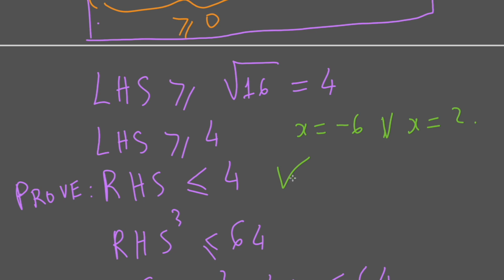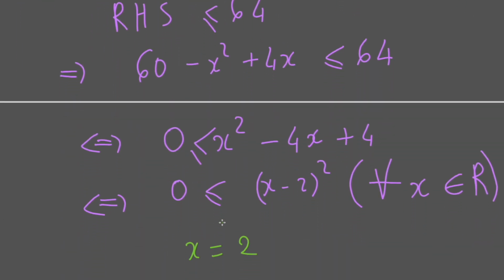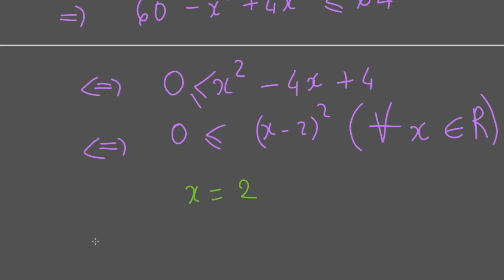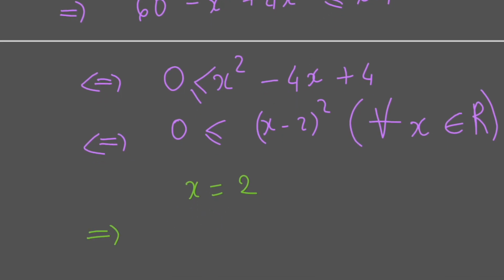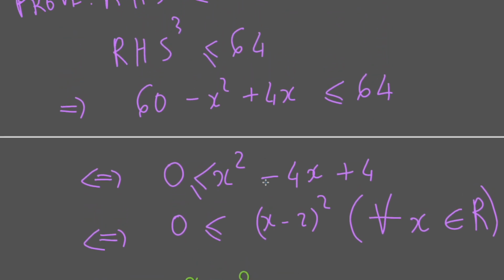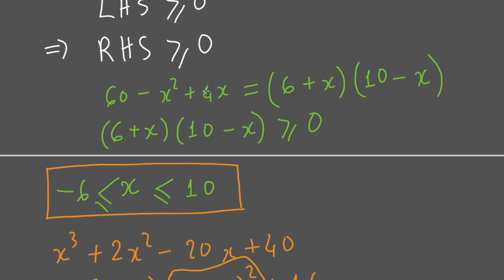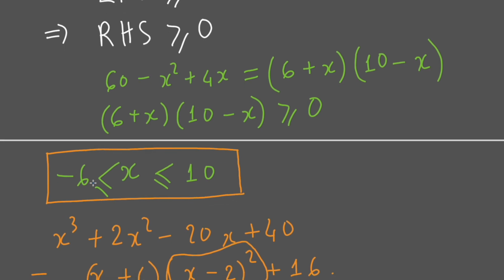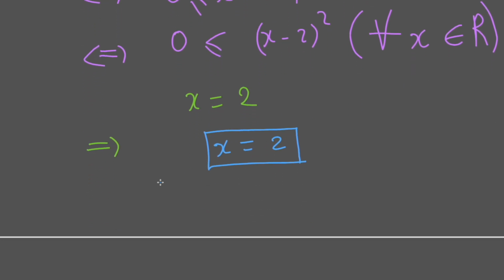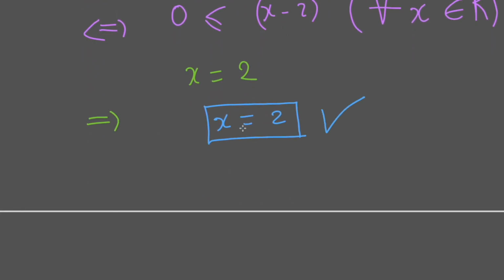So we combine the two lists of roots, and finally we have the root of the equation: x equals 2. Compare the final value with the condition here: it's greater than negative 6 and smaller than 10, so it satisfies the condition. So we receive this root.